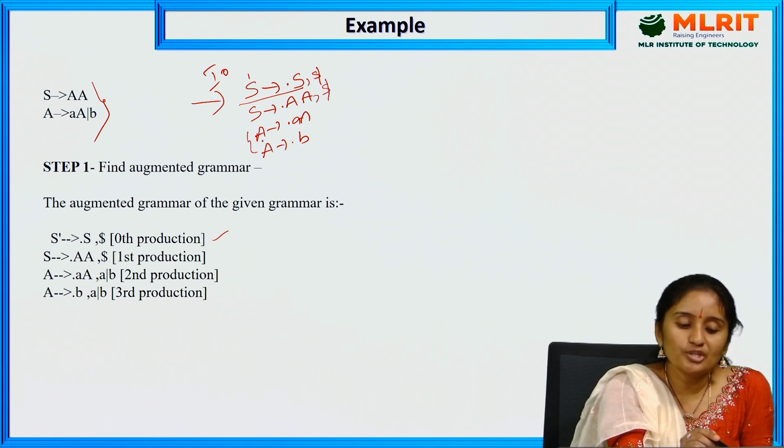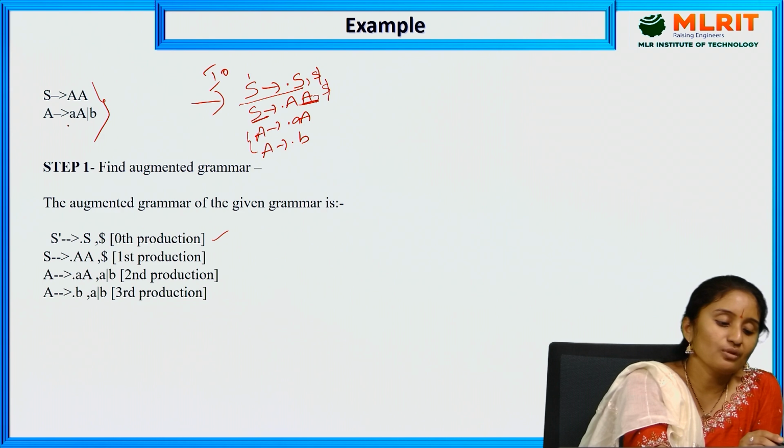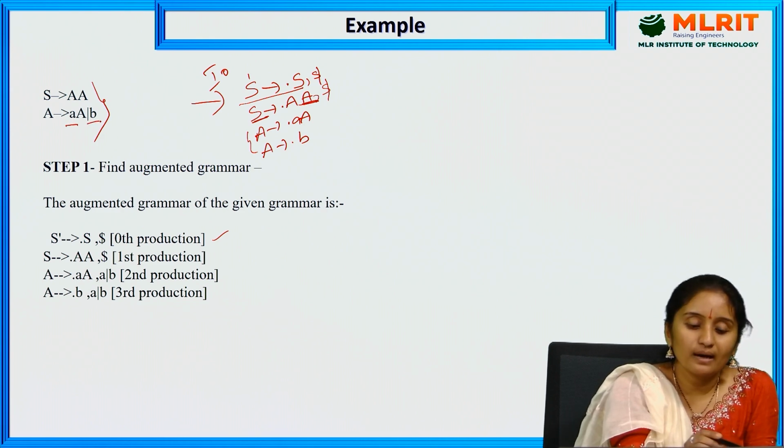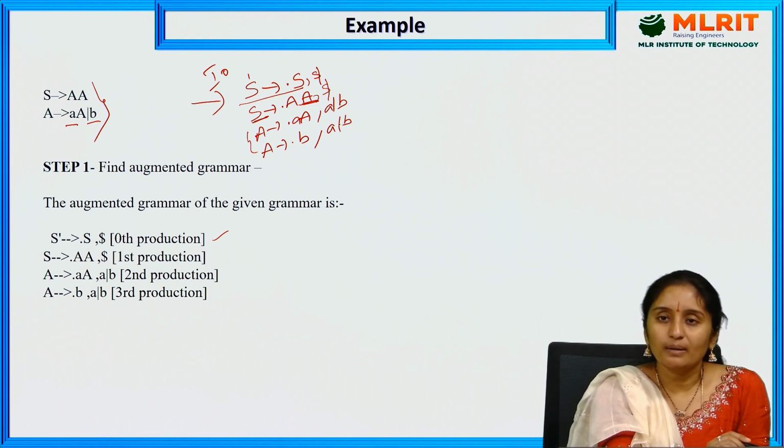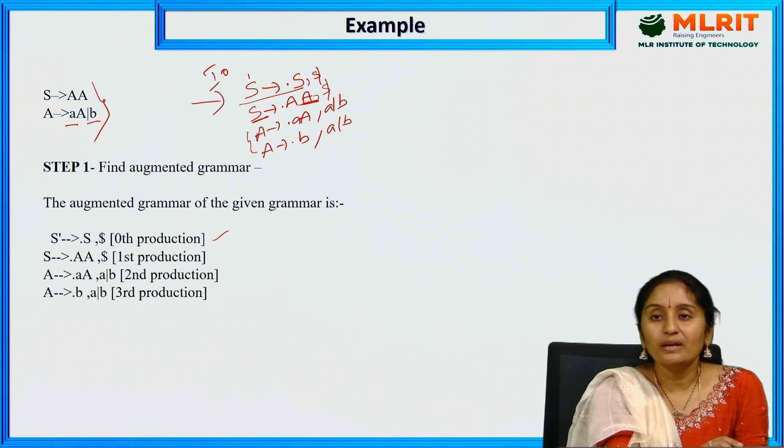These two productions are written because of this production. After the dot, there is one non-terminal and one more non-terminal, capital A. So we take First of A. What is First of A? First of A is a/b, a/b. So this is our I0 state.